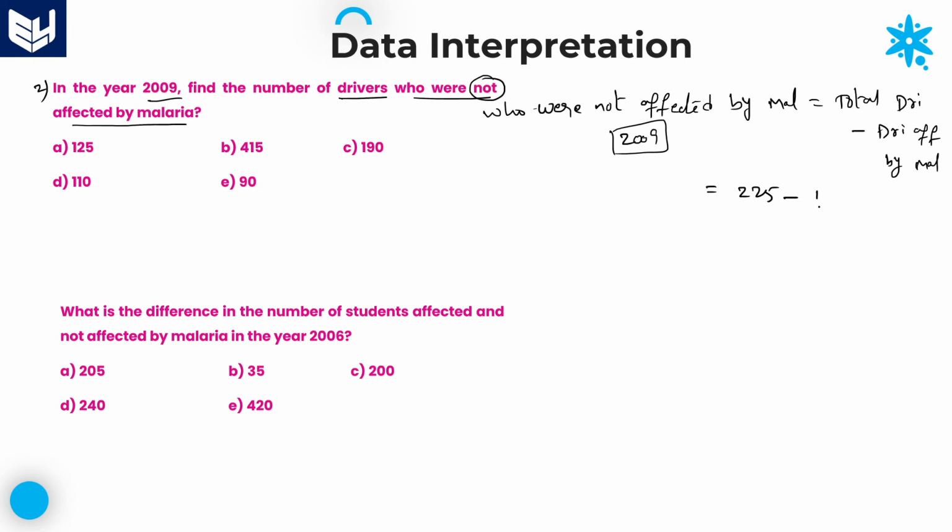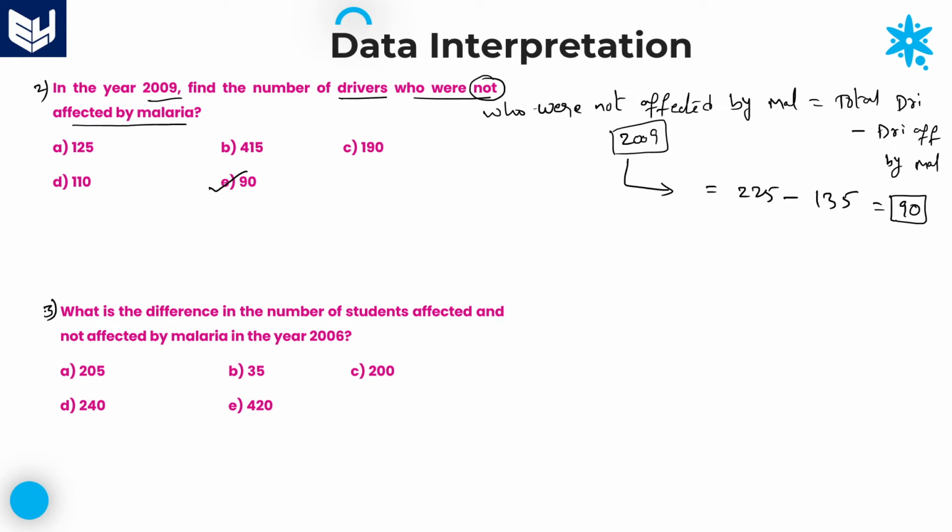That is equal to 225 minus 135, that is 90. 90 members were not affected by malaria, and those are drivers. The number of drivers who were not affected by malaria in the year 2009 is 90. Look at the options. Option E is the right answer for this question.